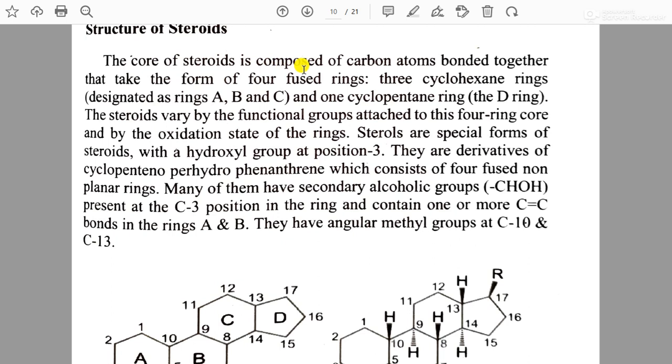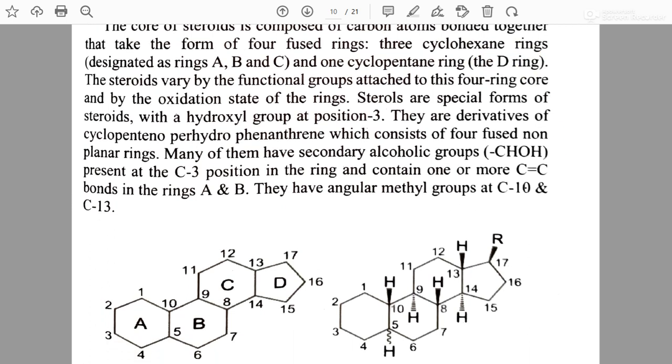The core of steroids is composed of carbon atoms bonded together that take the form of 4 fused rings: 3 cyclohexane rings designated as A, B and C, and 1 cyclopentane ring designated as the D ring. So this is the base structure. We have a total of 4 rings. A, B and C are cyclohexane rings and D is a cyclopentane ring.